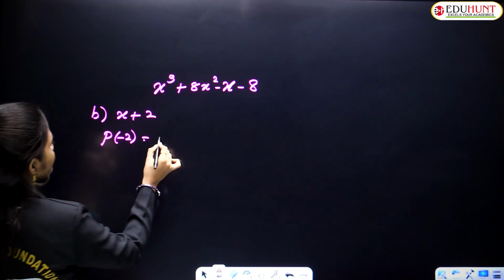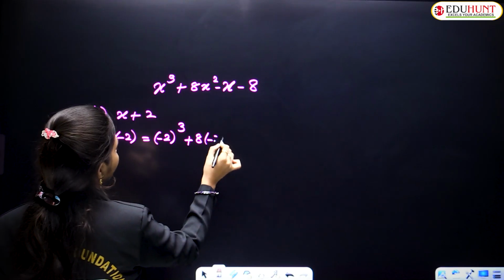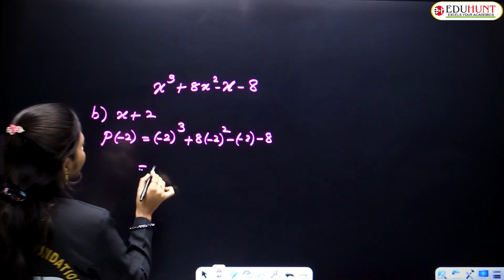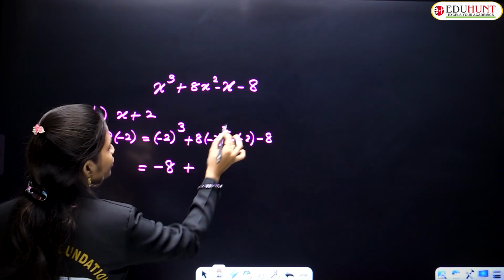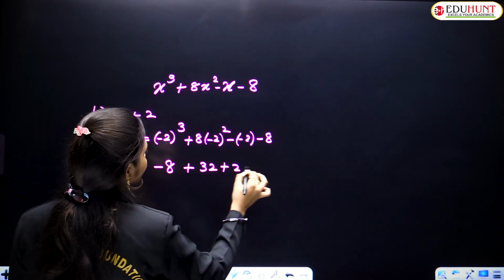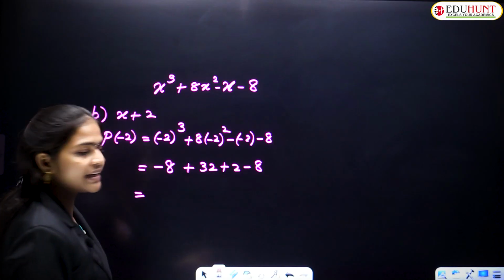Which is equal to minus 2 whole cube plus 8 into minus 2 square minus of minus 2 minus 8. So, minus 2 whole cube is minus 8, plus 2 square is 4, 4 8s are 32, plus 2 minus 8.